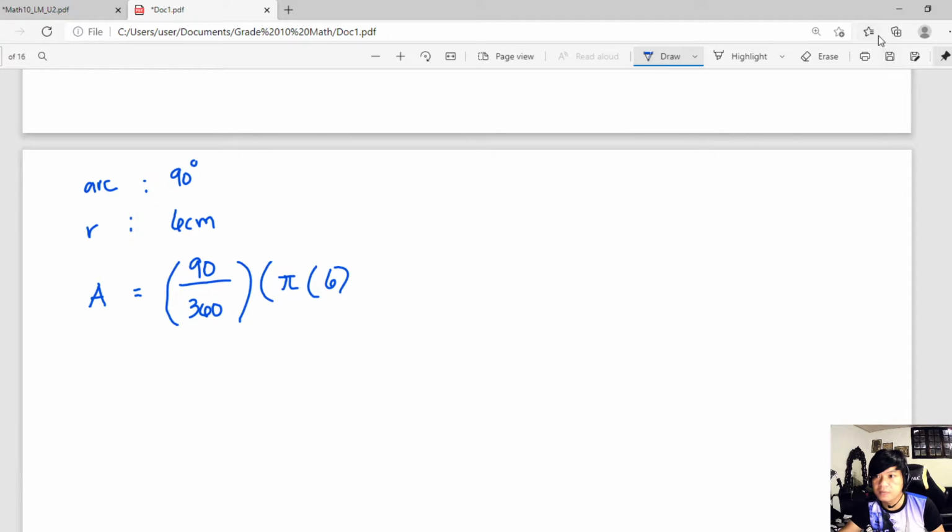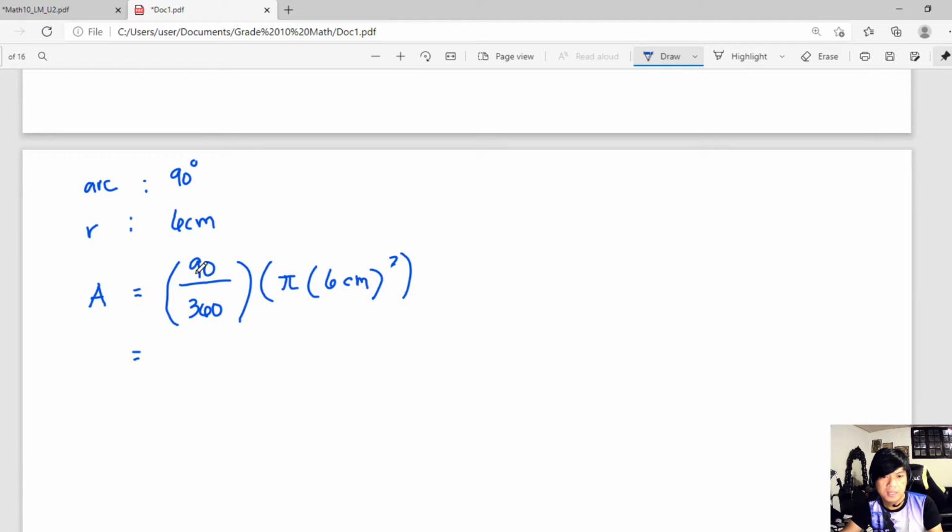So huwag na rin kalimutan yung unit used. So we're going to use centimeter squared. So simplify.